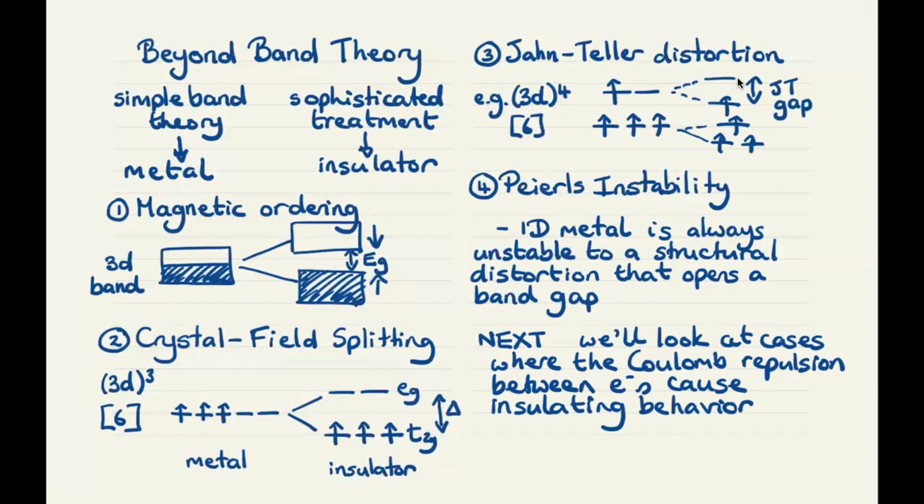So here we're looking really explicitly at a many-body electron-electron interaction, the Coulomb interaction between electrons, which is not something that's incorporated in the simplest possible band theory.